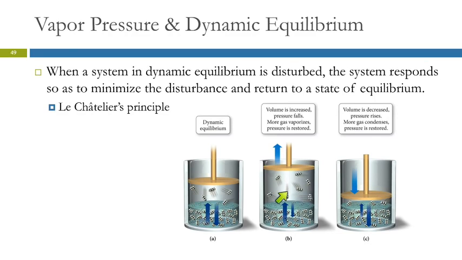The pressure is related to the concentration of the gas molecules. That affects the rate of condensation. Fewer gas particles per unit volume. Condensation goes down. It doesn't do anything to the rate of evaporation. So the rate of evaporation stays the same, but now the condensation goes down, and so we reestablish the vapor pressure that was there before. As long as there is liquid in the container, the vapor pressure will be the same once it reaches equilibrium.